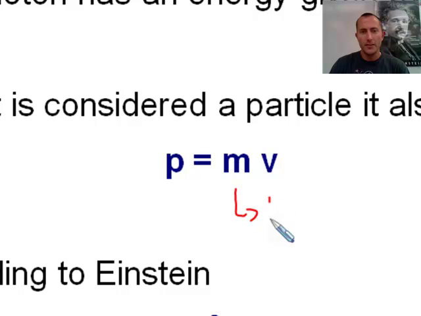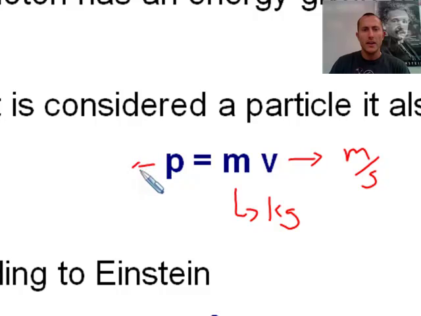So mass is given always in kilograms, v is in meters per second. And so the units for momentum are just kilograms times meters per second. There's no derived unit for this like the Newton. It's just left in kilogram meters per second.